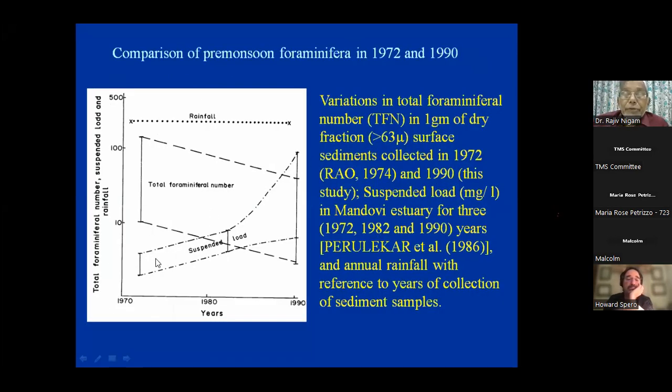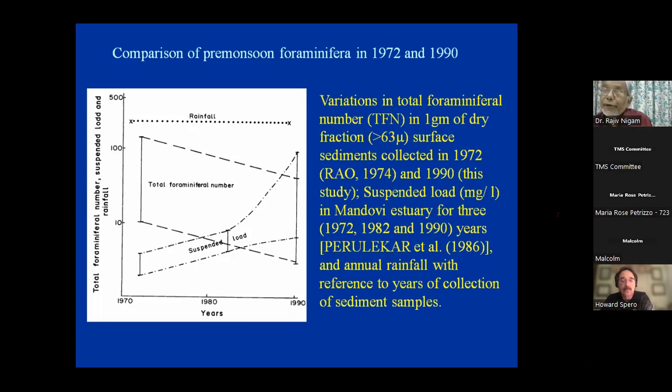You can see the suspended load has increased over the years. It is 70, 80, and 1990. And you can see the total foraminiferal number is coming down. So this is very clear; we published a series of papers on this estuarine complex. So this can be applied when a factory is being established: the best thing is to go and take surface sediment samples in that area.